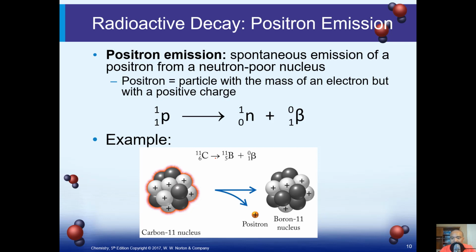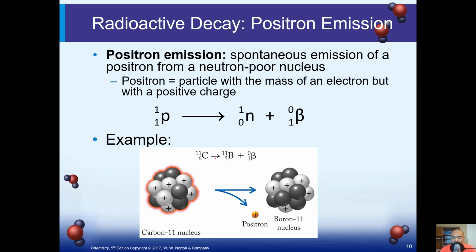A positron is a particle having the same mass as an electron, but with a positive charge. The net result of positron emission is the conversion of a proton to a neutron. This is totally opposite to beta emission, which converts a neutron to a proton.